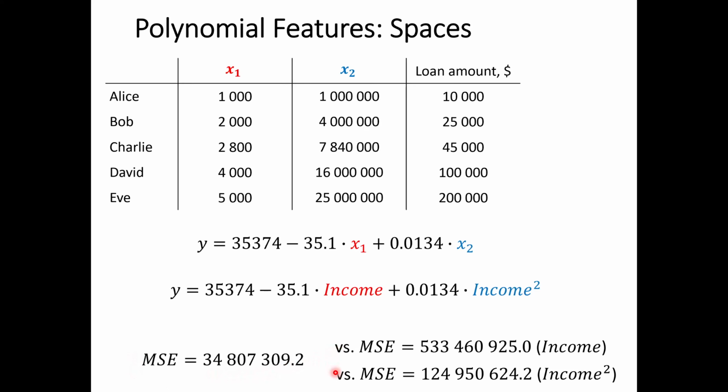So in the space with two features, one original x1 and one new x2, our model is linear. But in the original space with only the income feature, the same model appears quadratic. It's the same model. The only difference is the feature space we choose to represent it in, either with one feature, income, or with two features, x1 and x2.